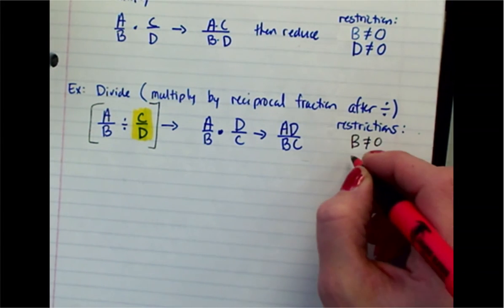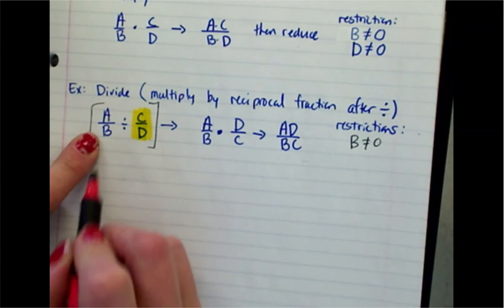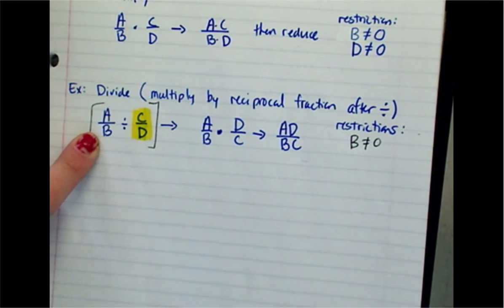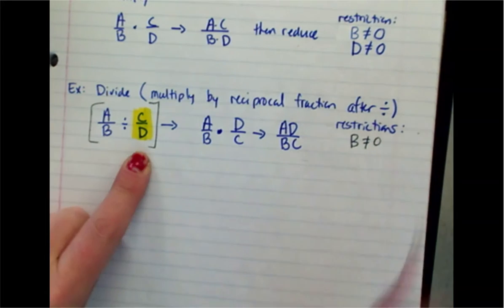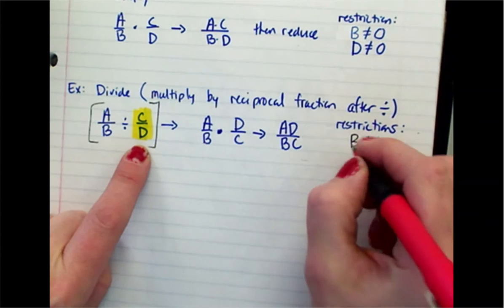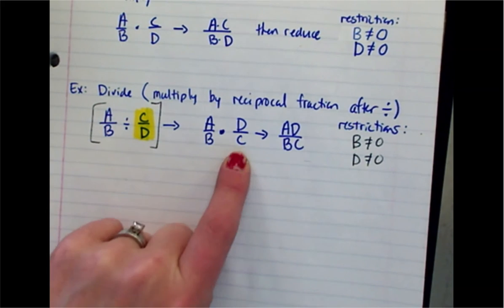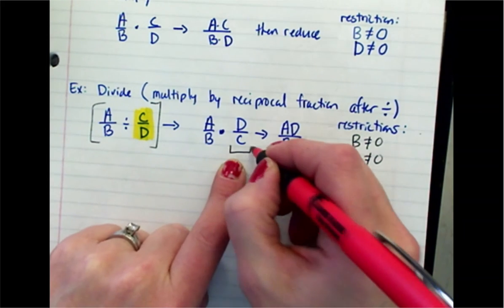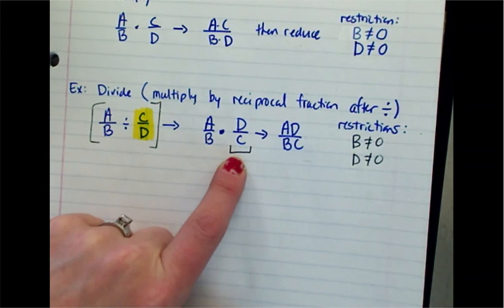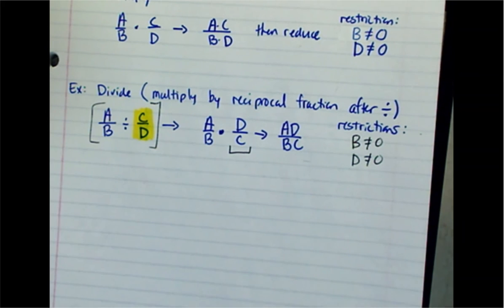Let's just look at one fraction at a time. What's my denominator in A over B? B. What's my denominator in C over D? D. But what happened here? That's also a denominator, and at any point it cannot be 0.